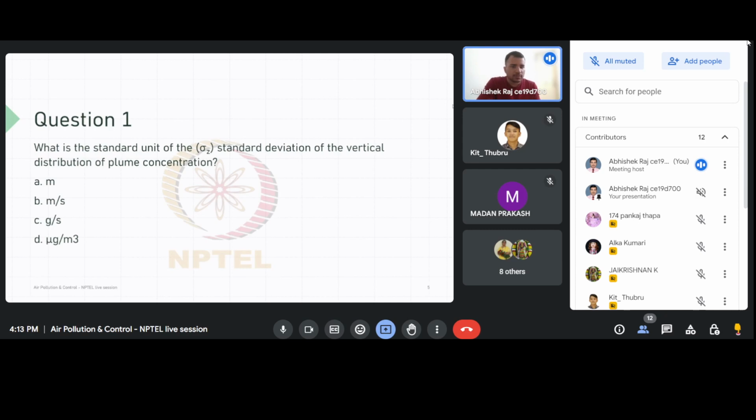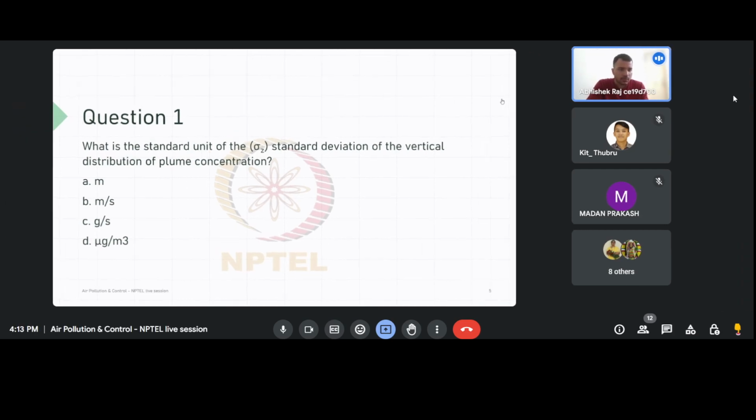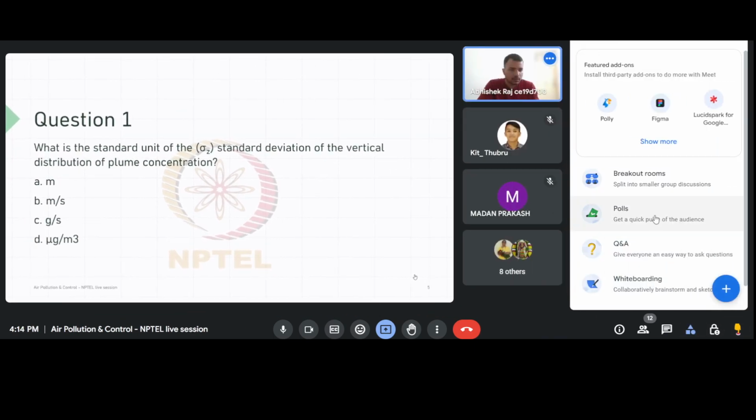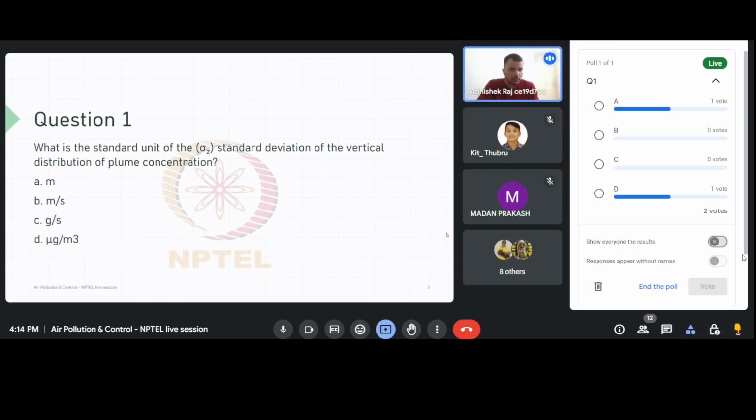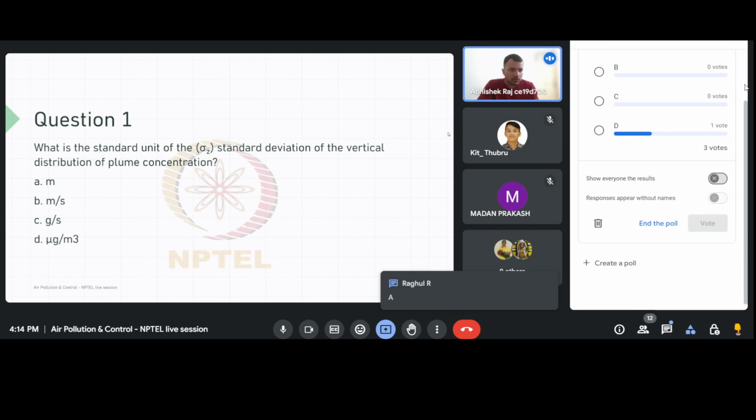At least I should get 6 to 7 responses. Okay, some people are saying option D. Someone is saying A also. What about the polls? I think people don't have clarity on this. Okay, we will see this in detail. No issues.